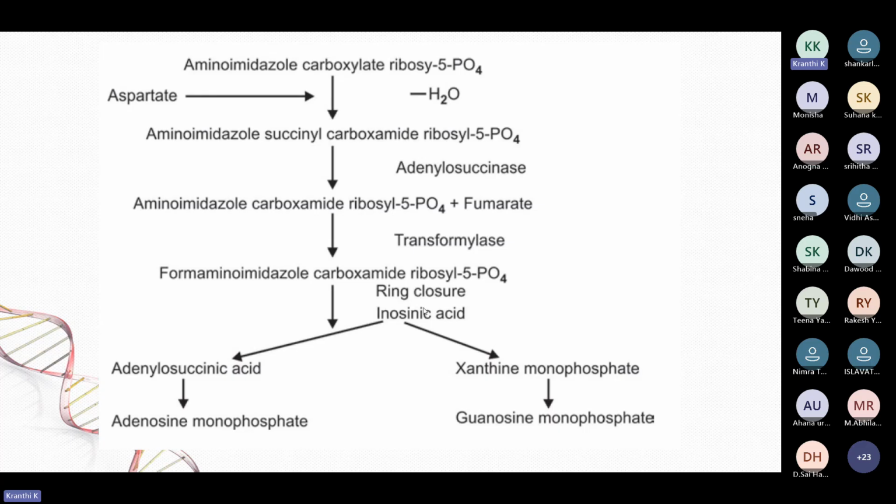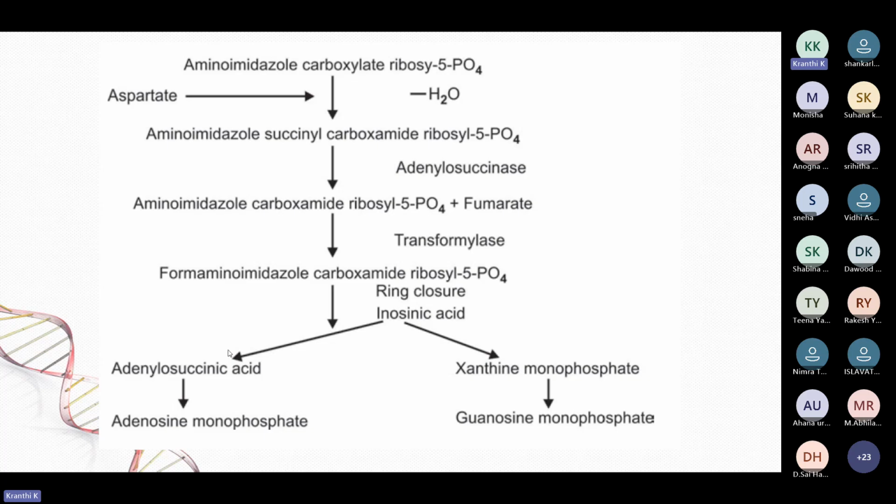After releasing the fumarate, then finally after adding the carbon in the second carbon, then ring closure, it creates the inosinic acid. Okay, IMP. Then from this inosinic acid, two nitrogen bases. One is the adenylosuccinate, then xanthine monophosphate.